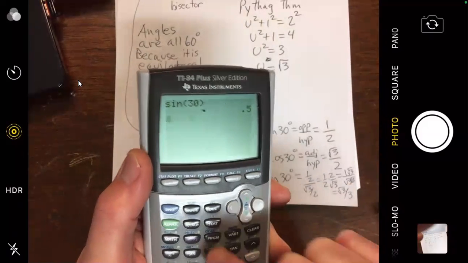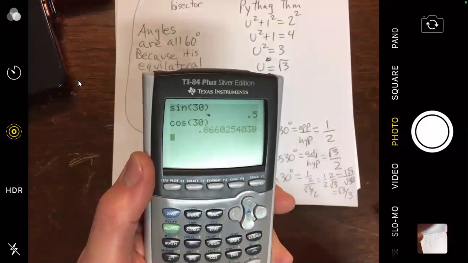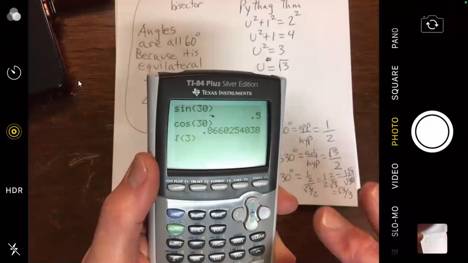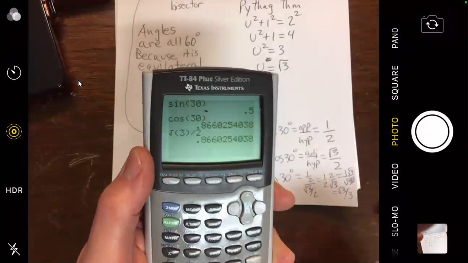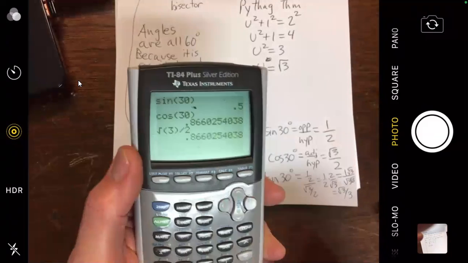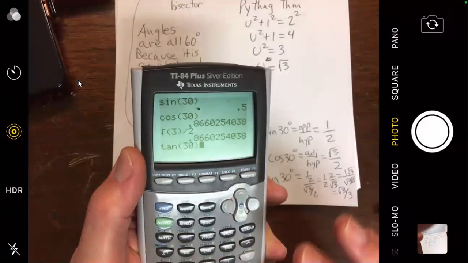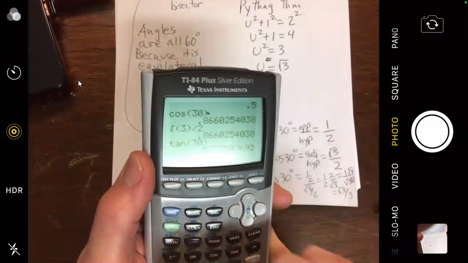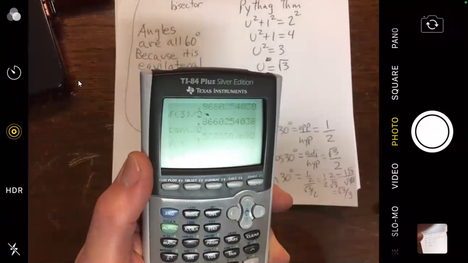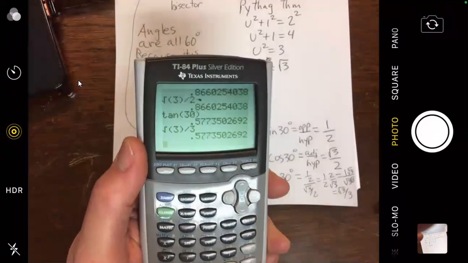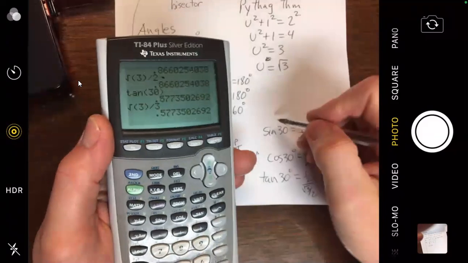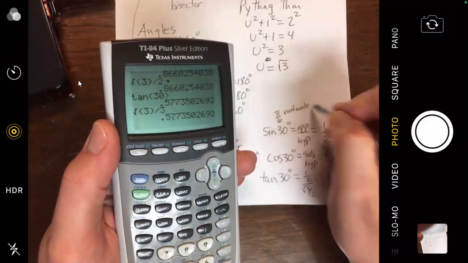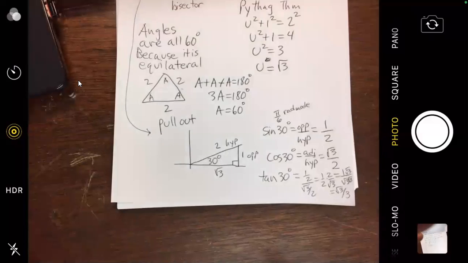Cosine 30, we get this decimal, and root 3 over 2 gives 0.866, the same decimal. Tangent of 30 gives this decimal, and root 3 over 3 gives the same decimal. Remember, I could punch in pi over 6 in radian mode for all of these, but it's tough to do every single case.